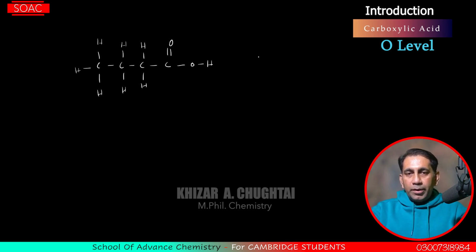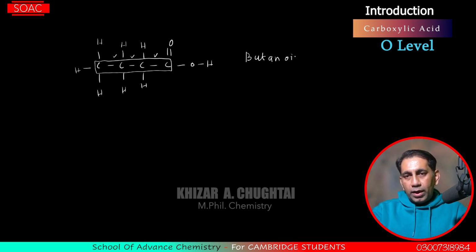What is its name? All 4 carbons are lying in the same longest chain, so its name starts with but. 4 carbon names start from but, and ane means all carbons are single bonded.